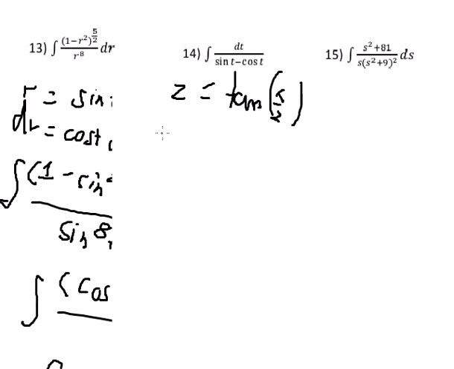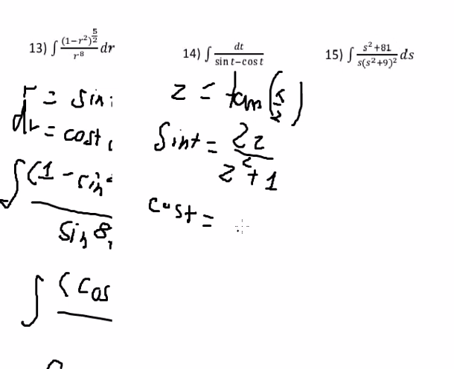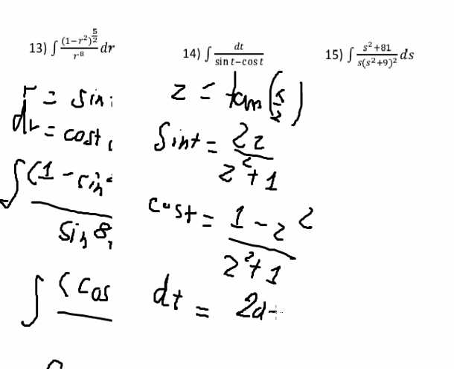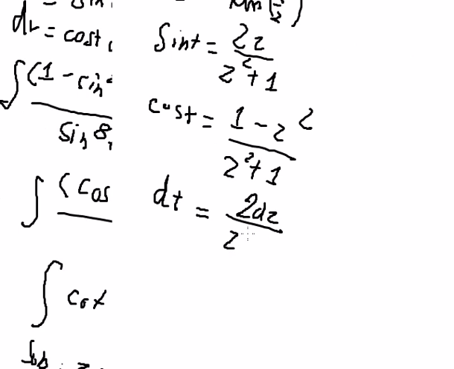So we put sine t equal to 2z over z to the power of 2 plus 1, cosine t equals 1 minus z to the power of 2 over z square plus 1, dt equal to 2 dz over z square plus 1.